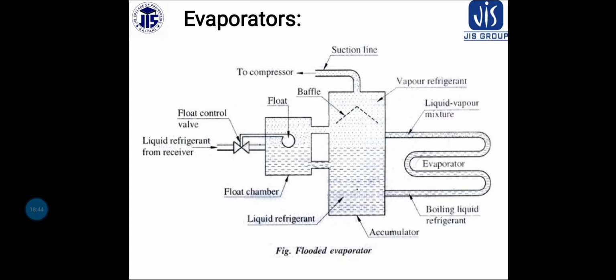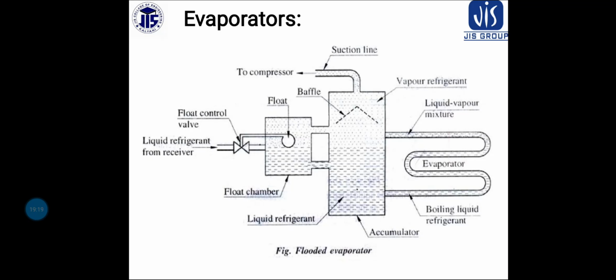A float valve is used as the throttling device, which maintains a constant liquid level in the evaporator. Due to the heat supplied by the substance to be cooled, the liquid refrigerant is vaporized, and so the liquid level falls down. The float valve opens to admit more liquid, and thus maintains a constant liquid level.